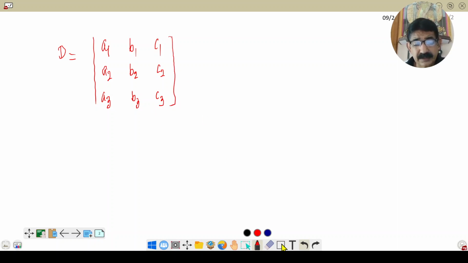So this line should be a straight line. And we are defining another determinant D1 like this.